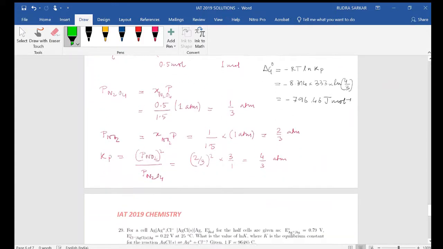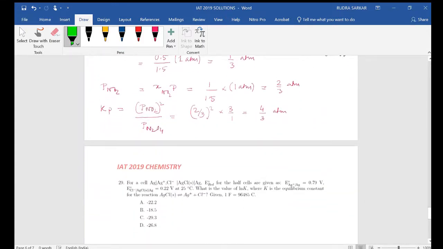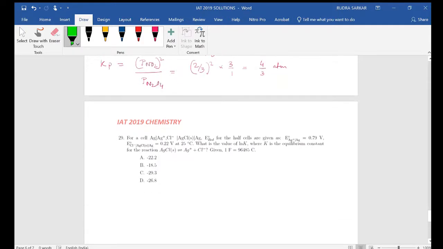All right, for the next question, we have been asked for a cell Ag plus, Cl minus, salt bridge, AgCl solid, Ag. That means this is the cell. Over here the E reduction of the half cells, please understand, it is E reduction.